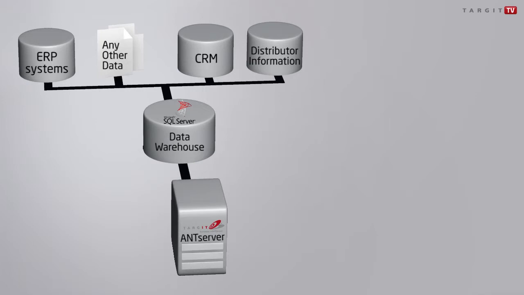We have the availability to go directly to the data source in what we call the relational model, and this means that we're able to pull directly from your data source and build the cube using the Target Ant server. This can be a very advantageous approach for certain companies that have a particular setup and are interested in this model.